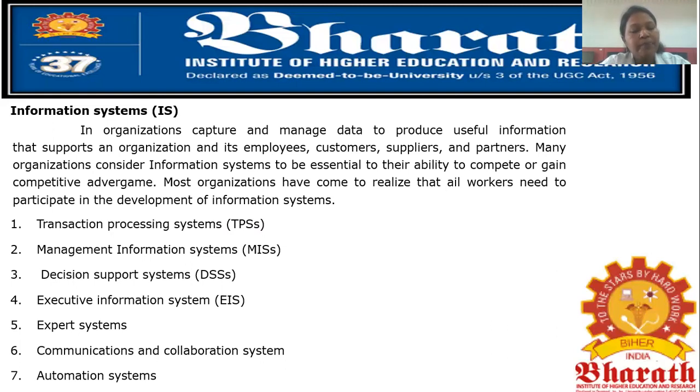Then expert systems. This expert system will have different experts in a particular field. When they are developing a product, they should maintain different kinds of experts. For example, in coding, one person will be the best software engineer, like the best expert, as well as in testing, designing, and selling the product, like the best executives.